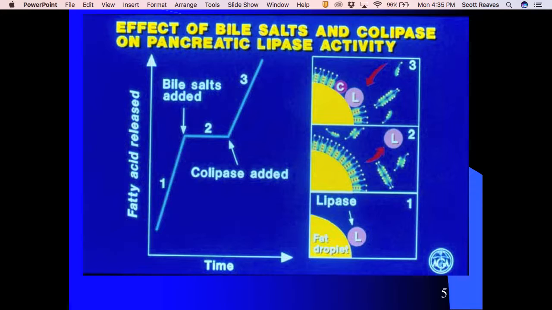And this is what colipase does. Colipase binds the lipid droplets and holds lipase on their surface.